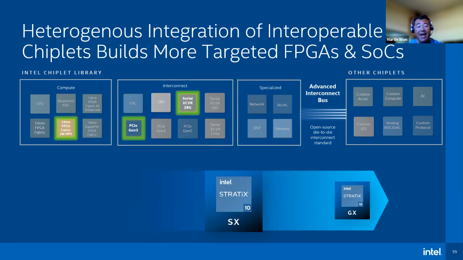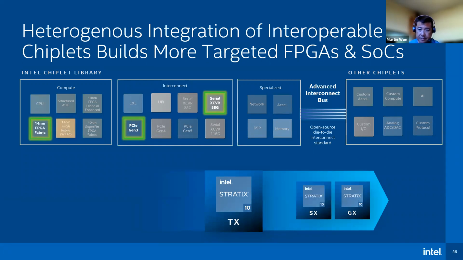Our Stratix 10 SX devices are intended for applications that need an integrated processor. So for this family, we use a 14 nanometer FPGA fabric with an integrated hard processor subsystem, or HPS, as you can see there in the green highlighted box on the left, while keeping the interconnect tiles, the ones you see in the middle, the same.